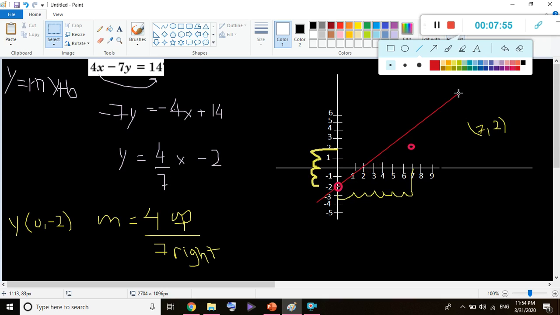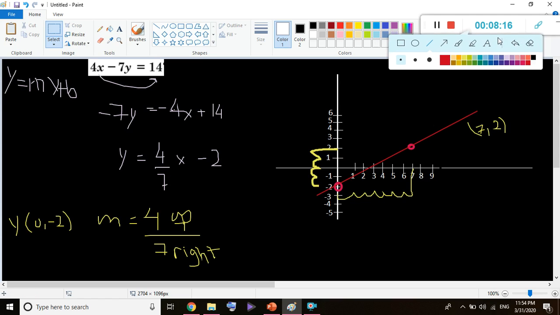Let me just do it again. It's going to be from here up to here. This is going to be the graph or the line that we're having.